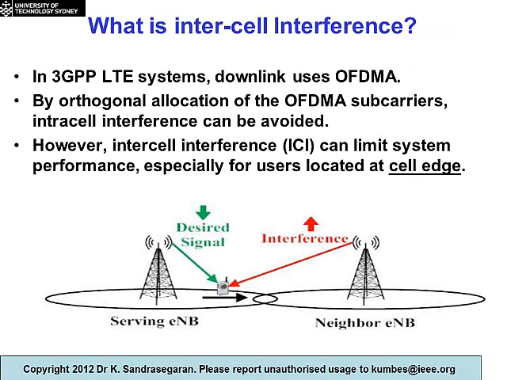This is explained by this diagram here. We have the case where a UE is close to the edge of a cell, and the same resource block that was allocated by this serving cell to this UE might also have been allocated by this eNodeB to another UE, and you have interference occurring as a result.